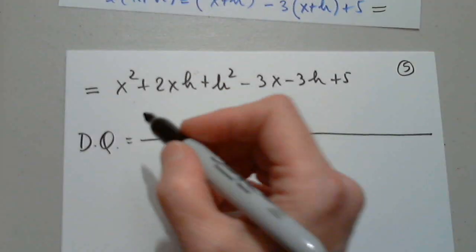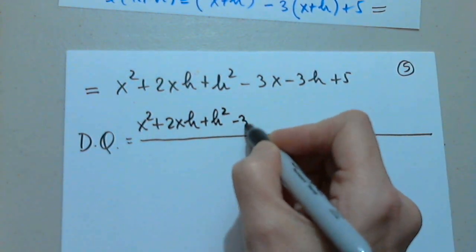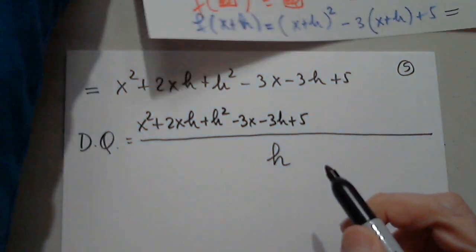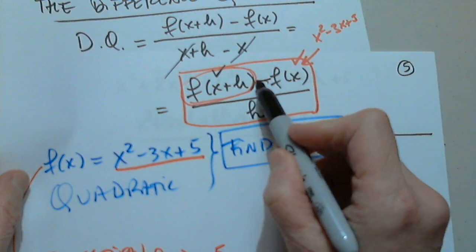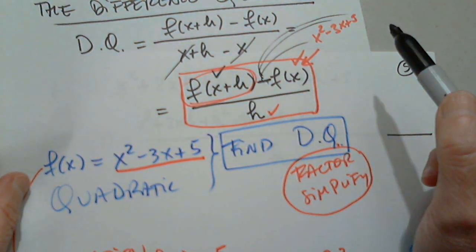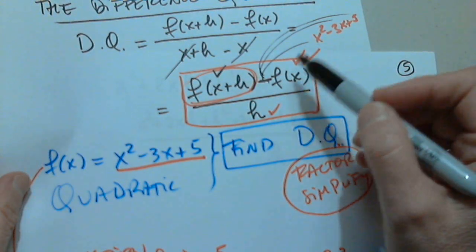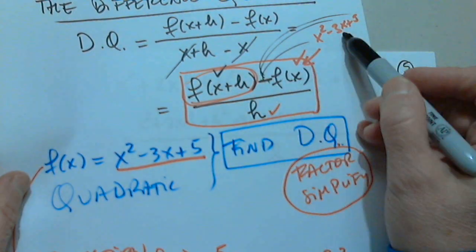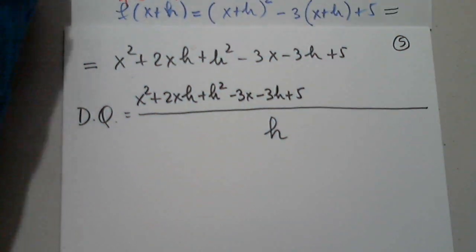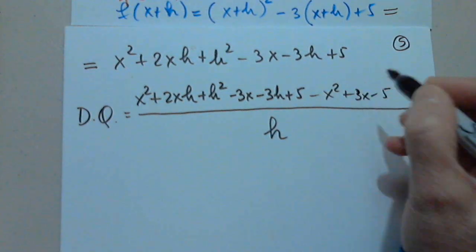I'm copying it. At this point, I have to be careful because I have the negative sign to be distributed to these 3 terms, to all 3 terms, not just to the first one, right? Negative x squared plus 3x minus 5.